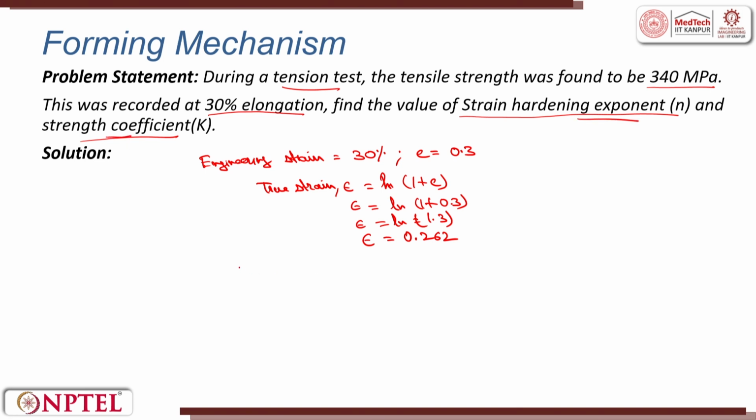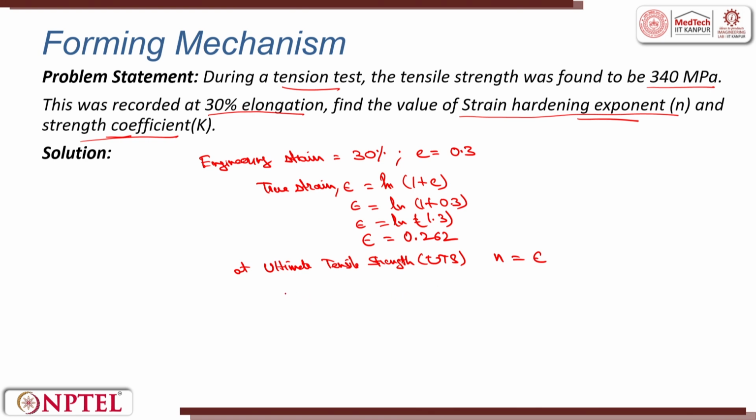So, at ultimate tensile strength, that is UTS, n is equal to epsilon.